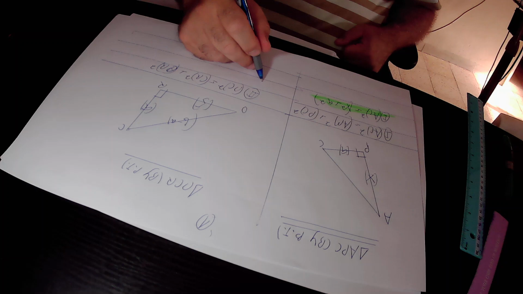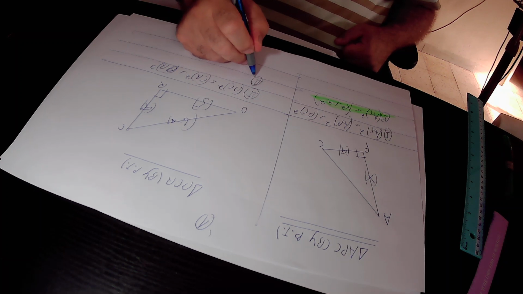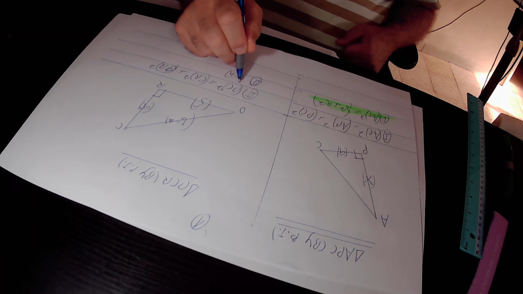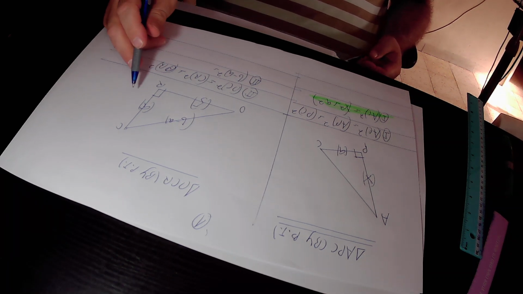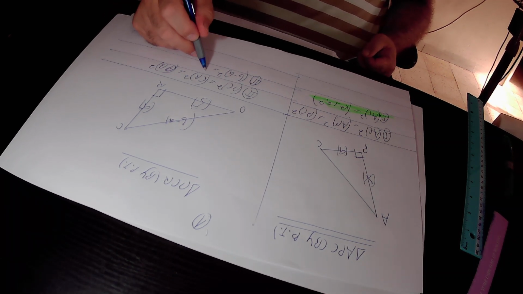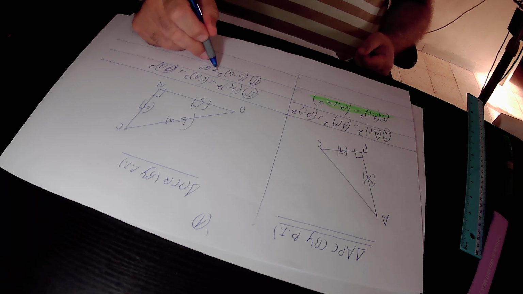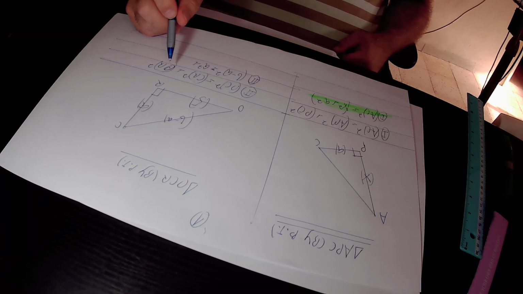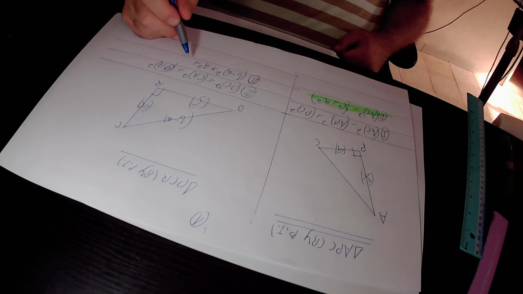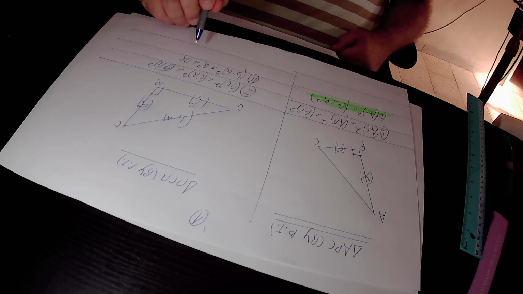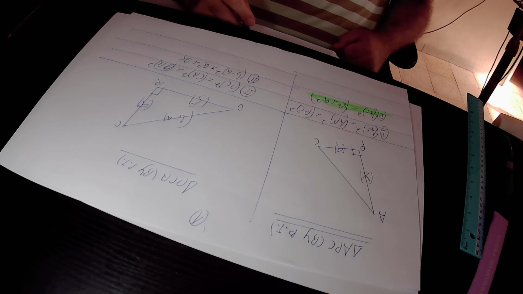OC is B minus A, therefore OC squared is B minus A squared, and it is equal to CQ squared. CQ is A, therefore CQ squared is A squared plus OQ squared. OQ is 5, therefore OQ squared is 5 squared, that is 25. So total according to equation 2, we found out that B minus A squared equals A squared plus 25.